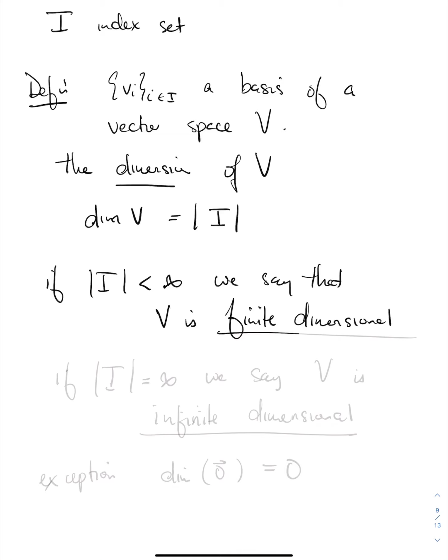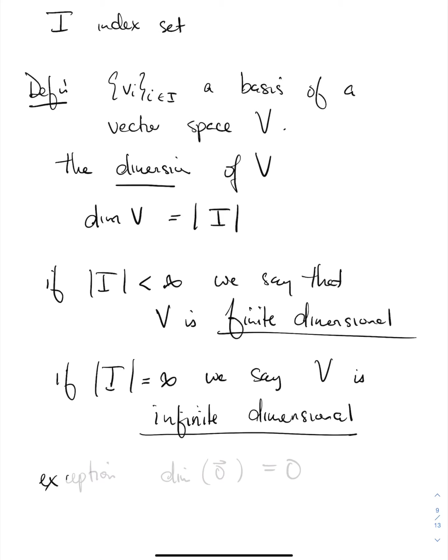V will be a finite dimensional vector space. And if the size of I is infinite, we say V is infinite dimensional. One exception, as it usually is, is the trivial vector space. The dimension of the trivial vector space is by convention given by 0.